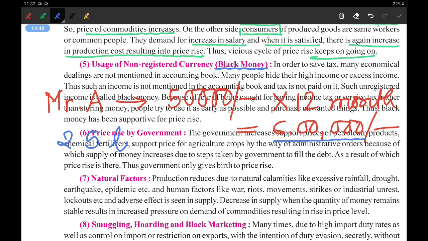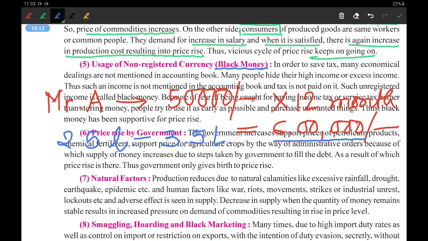So what does he do? He does not show the remaining amount in his account or in his bank. Instead he keeps that in cash. He doesn't want to show it to the government. Why? Because he has to pay tax on it. If we subtract 2.5 lakh from this 6 lakh, the remaining amount is 3.5 lakh.